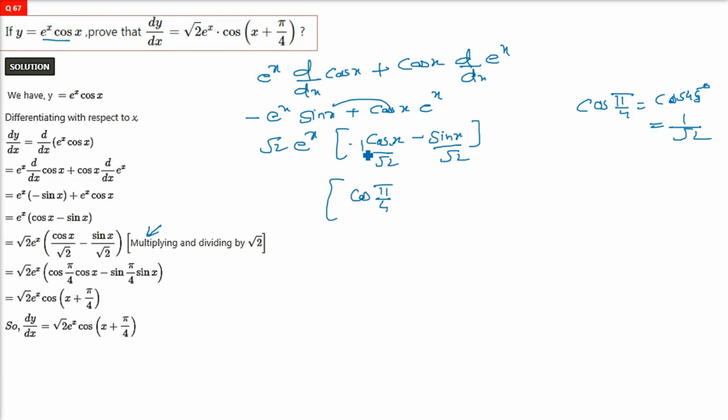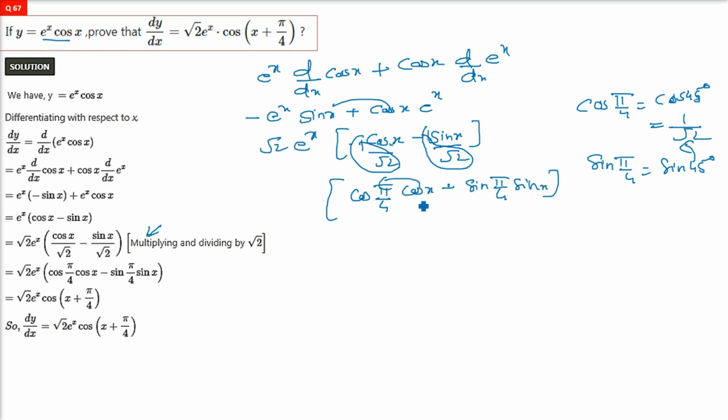So in place of 1 by root 2 you can write cos pi by 4. In place of 1 by root 2 you can write sin pi by 4, because sin pi by 4 is sin 45 degree and sin 45 degree is nothing but 1 by root 2. So cos pi by 4 cos x minus sin pi by 4 sin x, and in front you have root 2 into e to the power x.